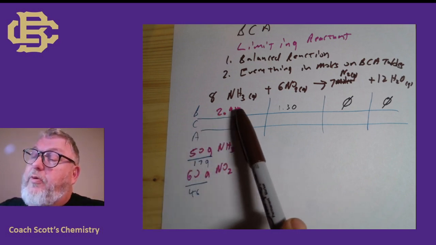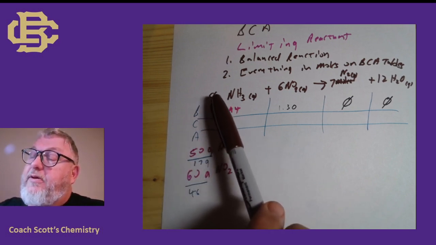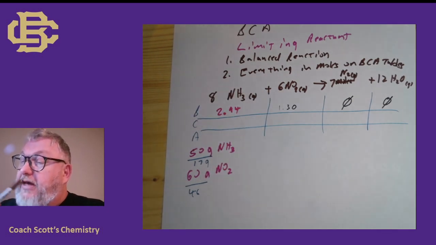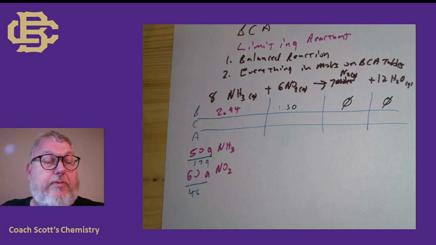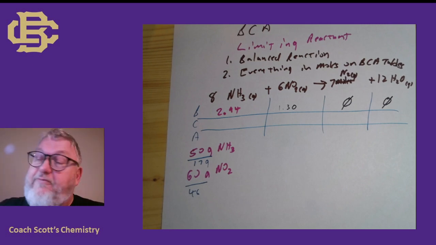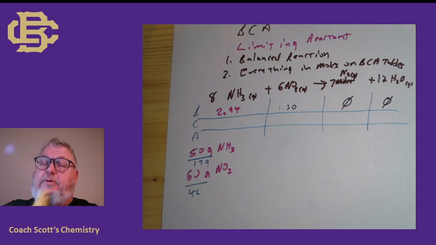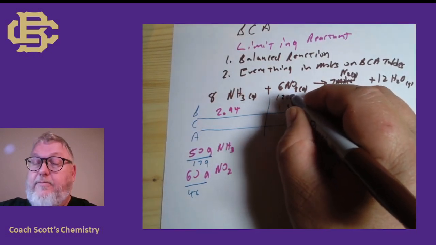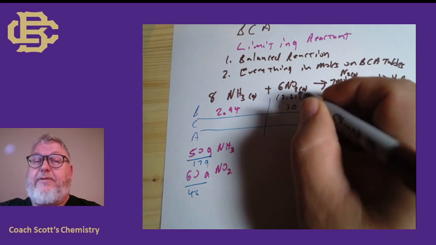If I multiply 2.94 times 8/6, that'll be a larger number. I don't want that, so I'm going to multiply 2.94 times 6/8 and see what I get. 2.94 times 6 divided by 8, and I get 2.21. I'm going to put that up there.